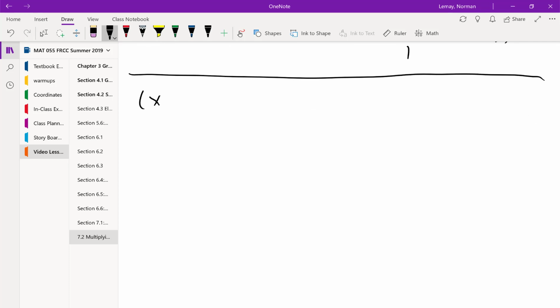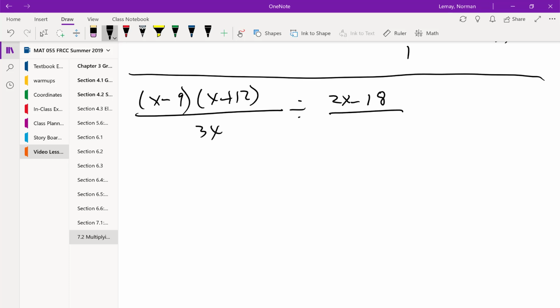Let's take a look at x minus 9, x plus 12 over 3x divided by 2x minus 18 over 9x squared. So again, a rational divided by a rational.